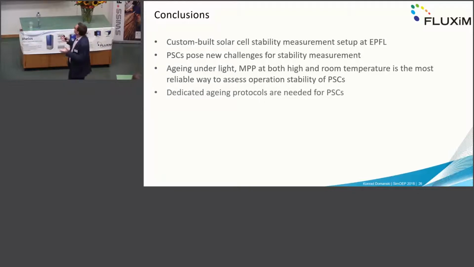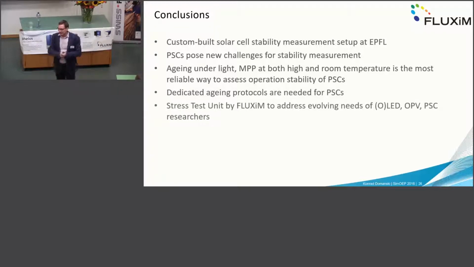I talked about how dedicated aging protocols urgently need to be developed by our community. And finally, I told you about what we are doing at Fluxim right now with relation to next generation stability measurement instrumentation.